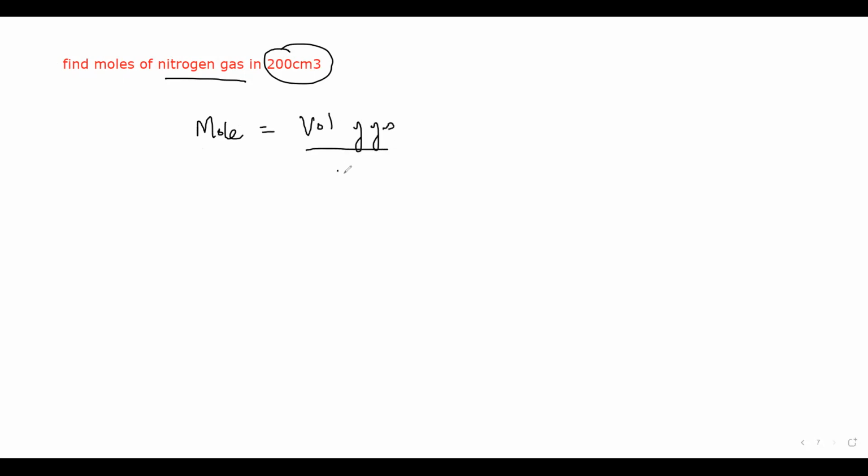Find moles of nitrogen, which is a gas, in 200 cm cube. Whenever we are finding the moles of a gas and the volume is given, the formula is moles equal volume of gas divided by 24.